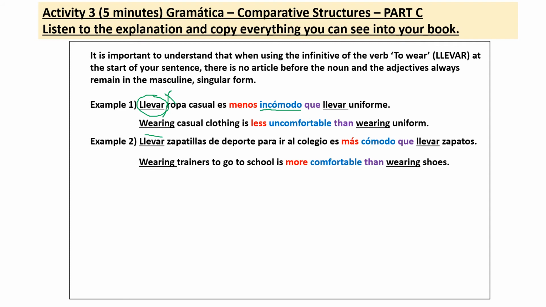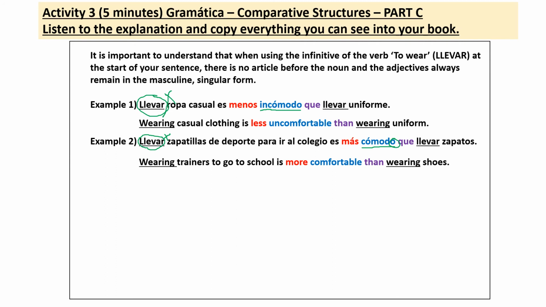Again, because I've used llevar at the start of my sentence, the adjective cómodo does not need to agree with zapatillas de deporte. It stays masculine and singular. And again, there is no article before the noun zapatillas de deporte.